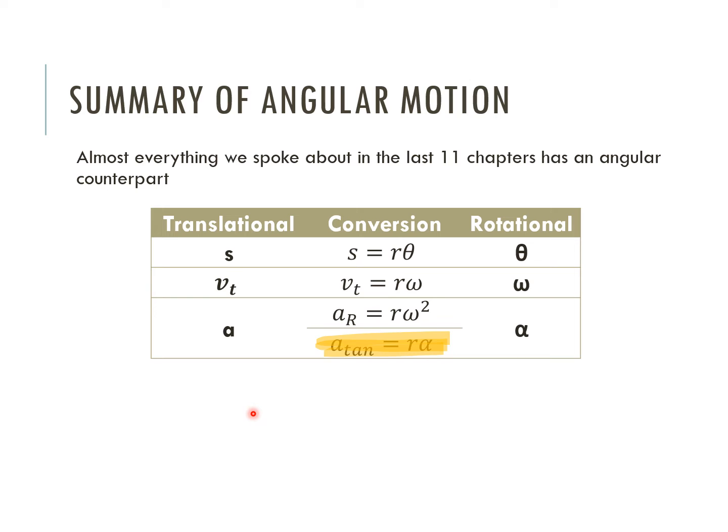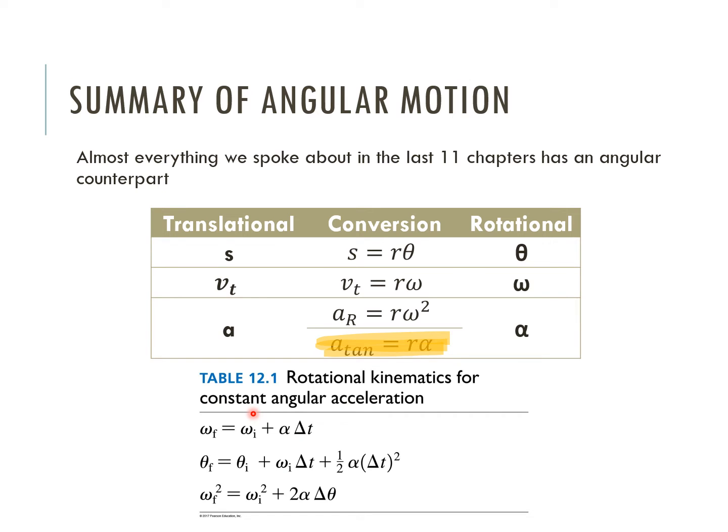Once we have our position, velocity, and acceleration for rotational motion, we introduce the kinematic equations, which say that if we have constant angular acceleration, that's the same condition we put on the kinematic equations in the first place. And so with that, we can go through and say, well, we did it for one of these equations. We went through and replaced every translational variable with its rotational counterpart.